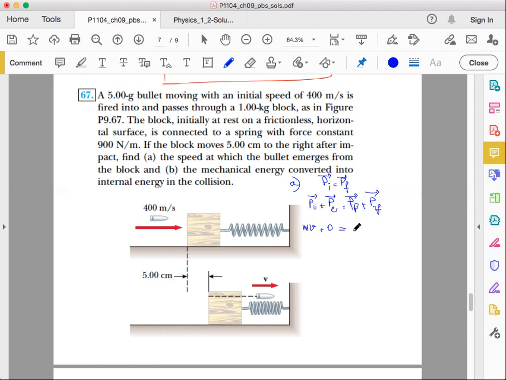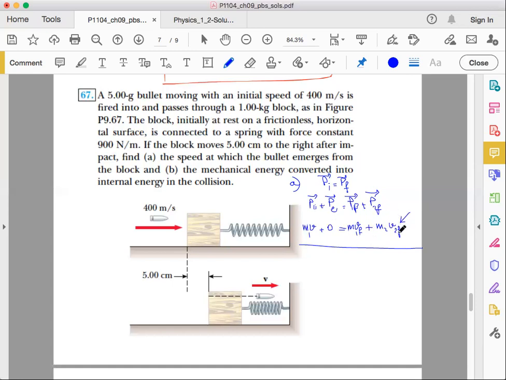So P1 final is nothing else than the mass multiplied by the speed of the bullet that we are looking for, so let's call it V1F, plus P2 final, which is M2, or just call it M2 since it's not given, multiplied by V2F. Okay, so we are looking for this V1F. V is known, M1 and M2 are known, but V2F is not known. So we need to determine first V2F and then put it back into this equation.